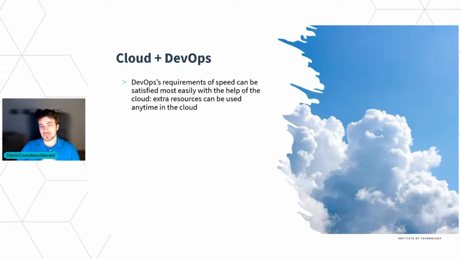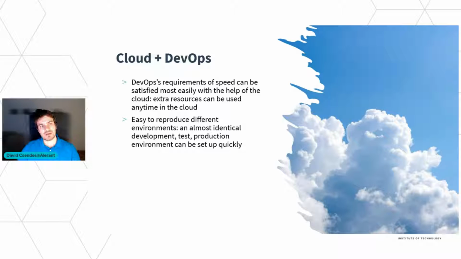Then in cloud, we can easily scale out and have more resources available instantly. With the help of the cloud, we can easily reproduce different environments that are almost identical between development, test, and production. So we can expect that there shouldn't be any surprise when we progress with our deployments.